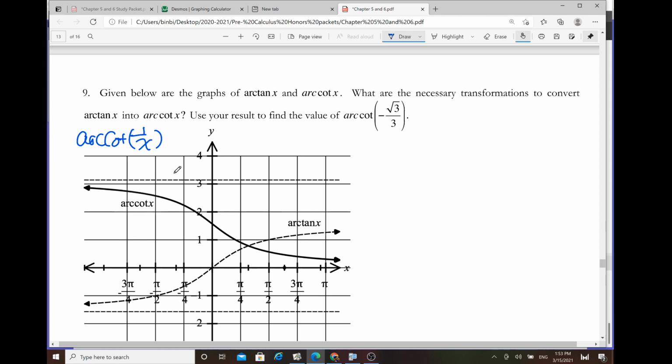So what value is arc cotangent of negative root 3 over 3? In other words, this one is just like arc tangent of, well, we do know that tangent and cotangent are both considered odd functions. So this one also, they're kind of symmetrical. So negative root 3 over 3.